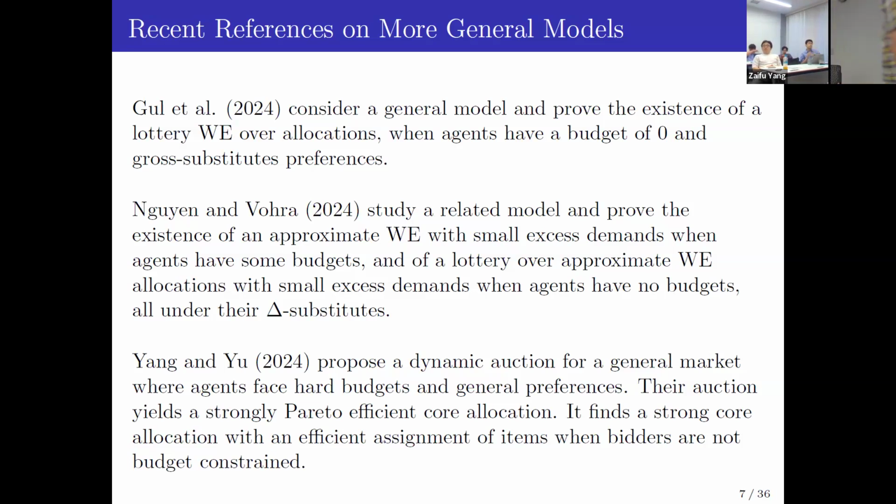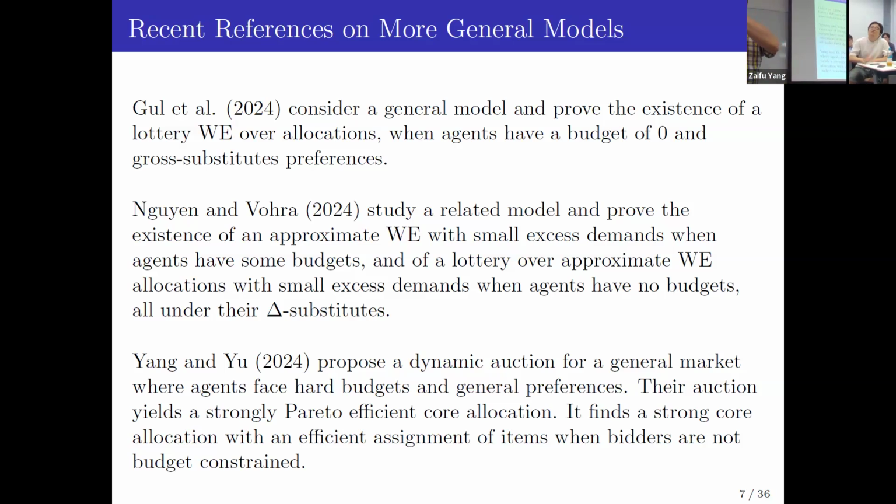And then the other case, when the agents have a budget, is just the existence of a lottery over allocations. Still, you have to allow excess demand.